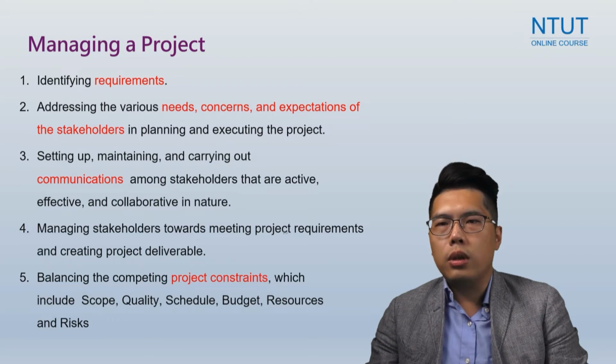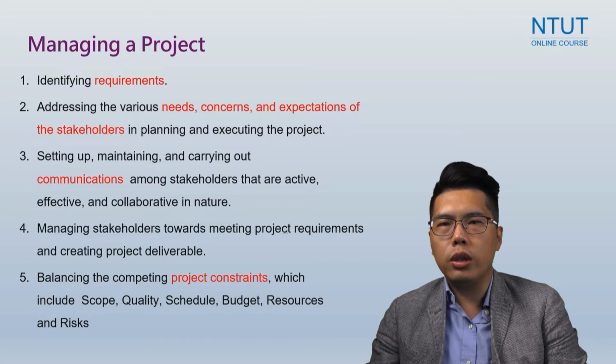And number five is to balance the competing project constraints, which include the scope, the quality, the schedule, the budget, the resources, and the risks. So once the project kicks off, the project manager has to balance the competing project constraints, which include the scope, the quality, the schedule, the budget, resources, and the risks.